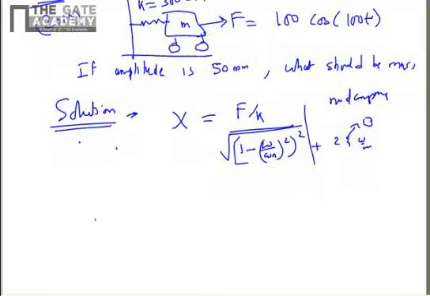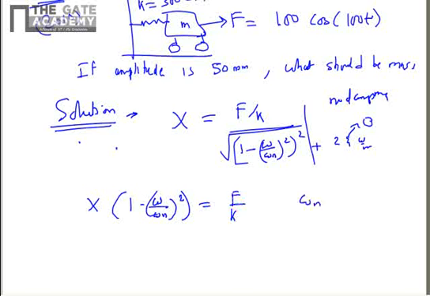If you simplify this, you will get X into 1 minus omega by omega n whole squared is equal to F by K. Omega natural is given by the square root of k by m. So on rearranging, you will get k minus omega squared m is equal to F by X, after some simple rearrangement.